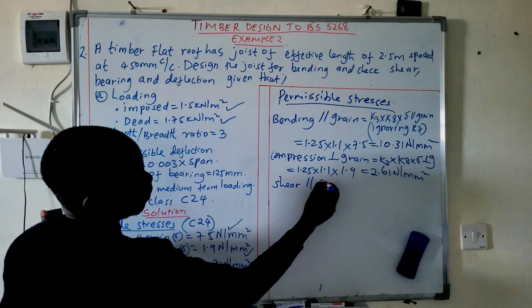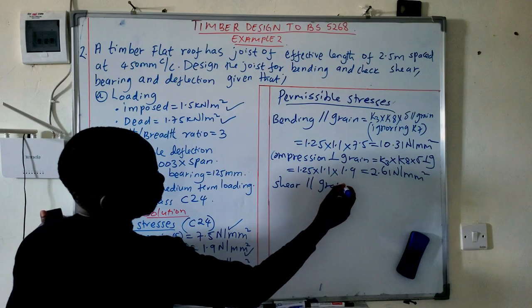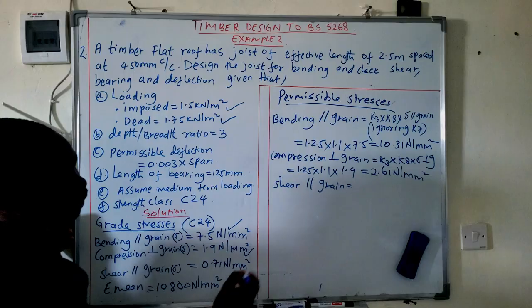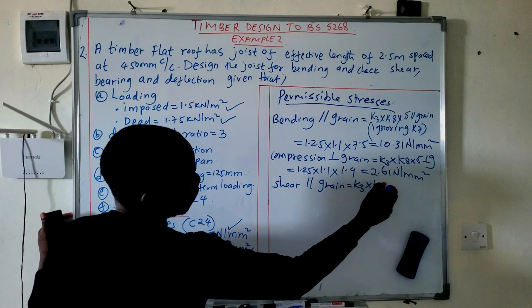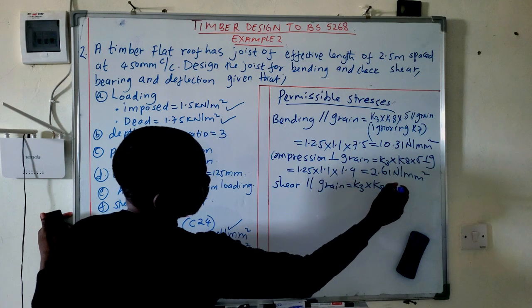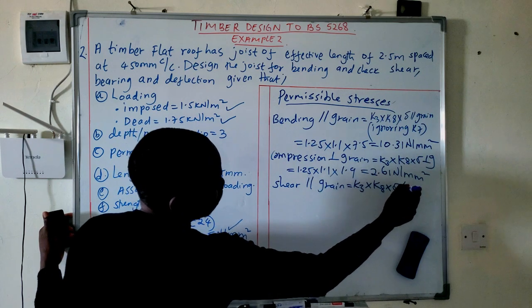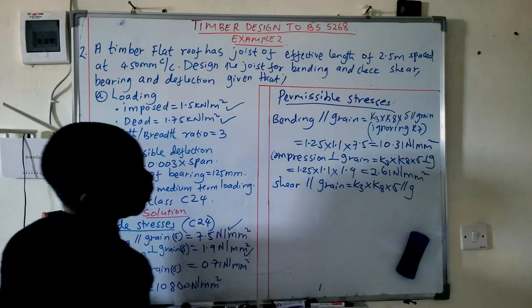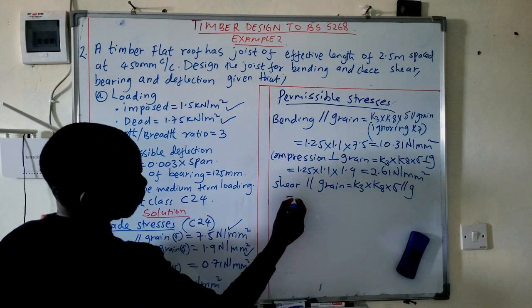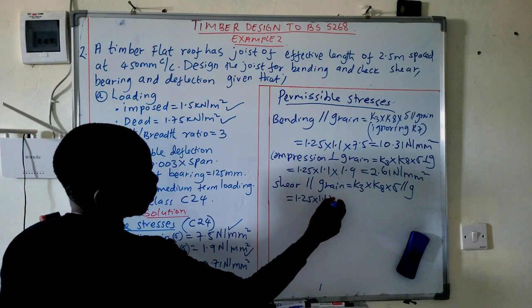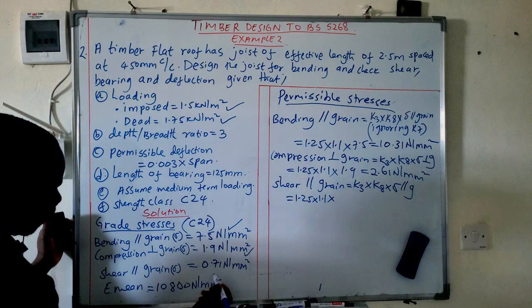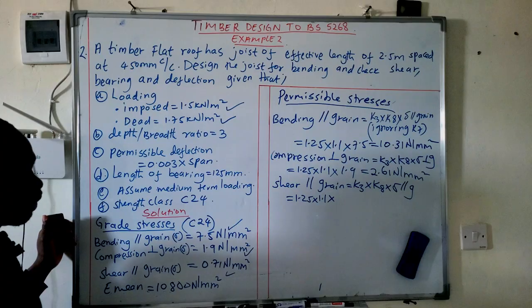And then we will proceed to shear parallel to grain. So this one will be K3 times K8 times stress parallel to grain. So 1.25 times 1.1 times this one, 0.71.